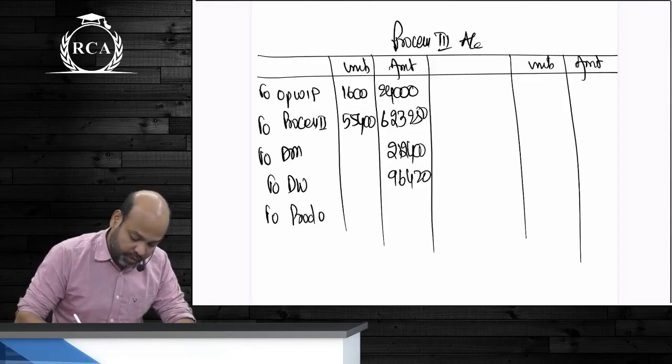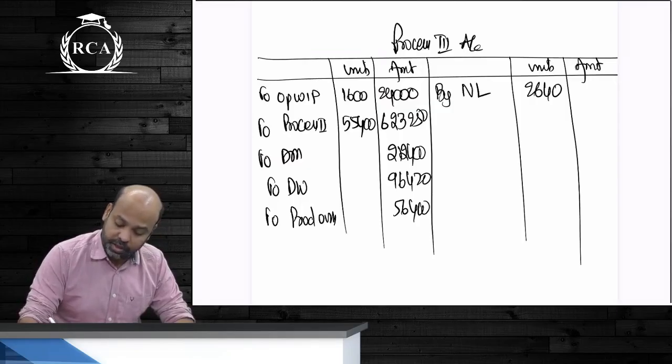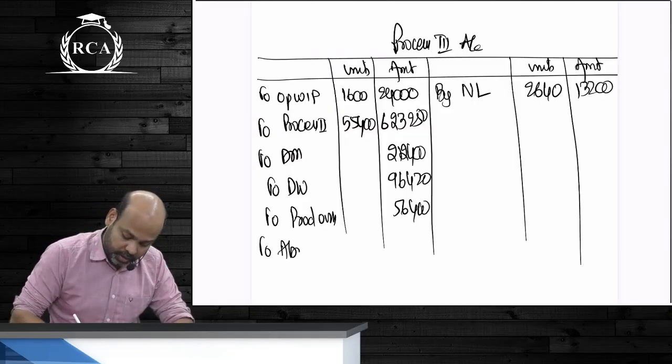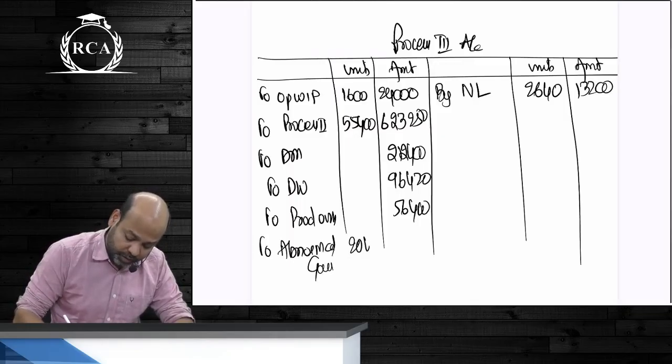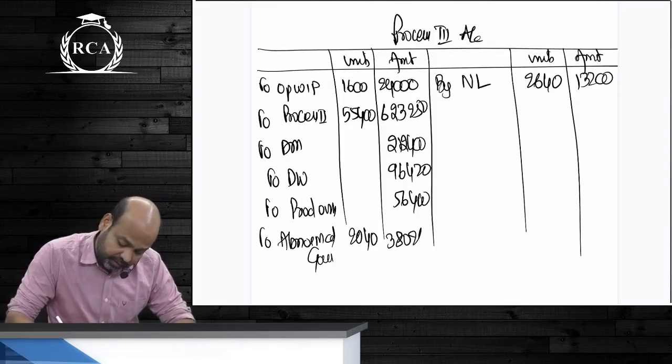To production overheads 56,400. By normal loss 2640, that was 13,200, right? To abnormal gain 2040 units at 38,026.